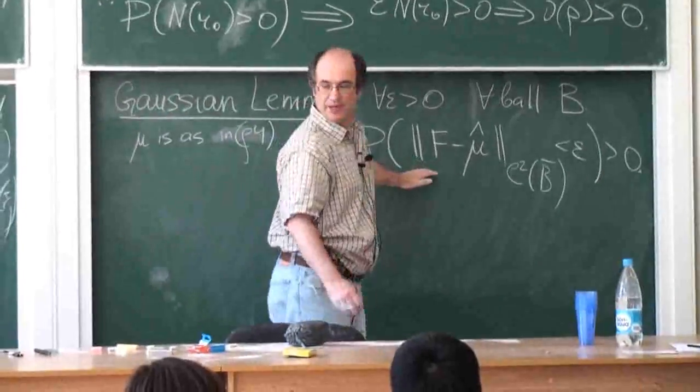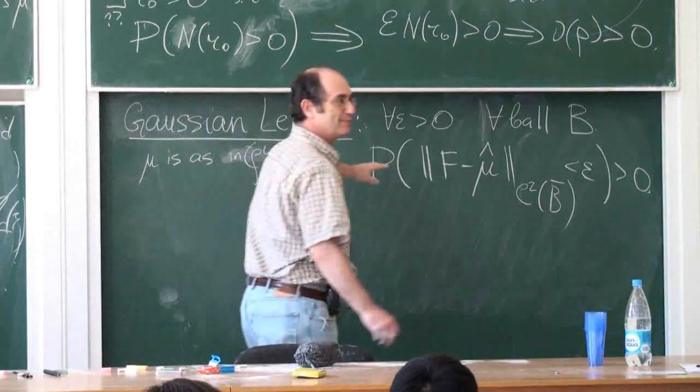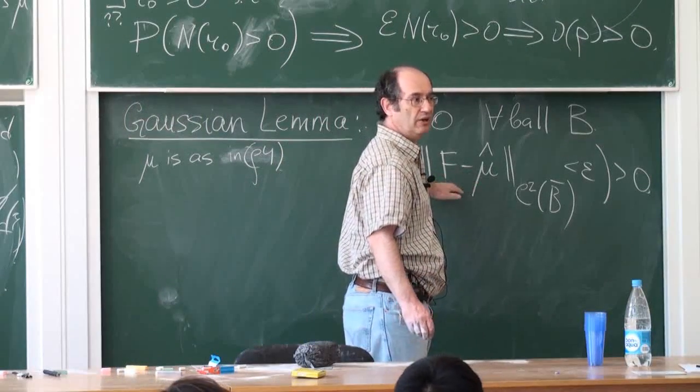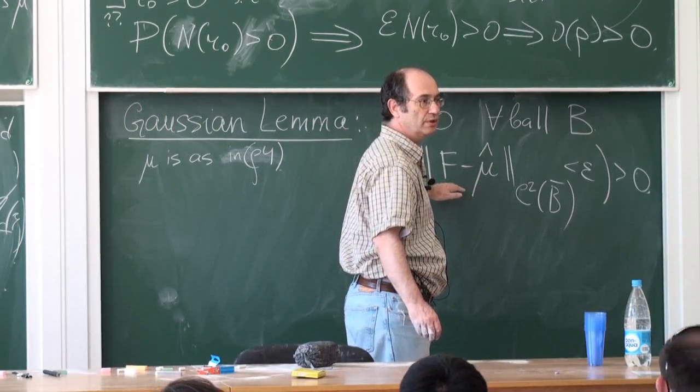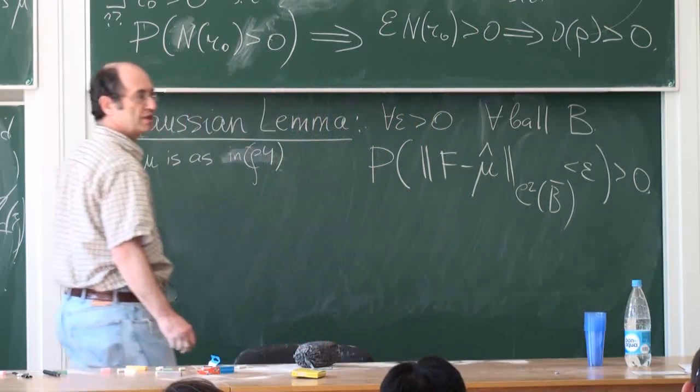If you don't believe this lemma, ask me a question after I finish the proof. I will explain. But now let me assume that this is true. This is just simple Gaussian stuff.